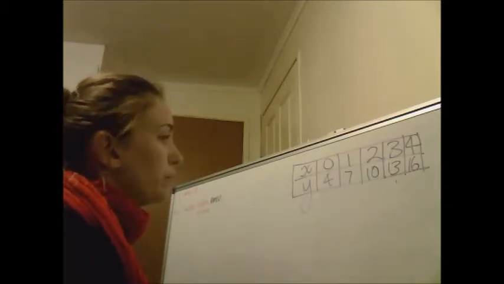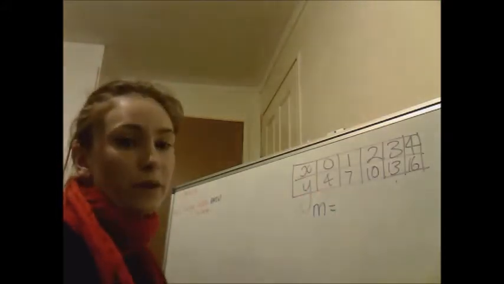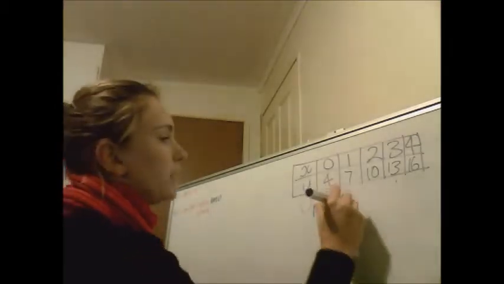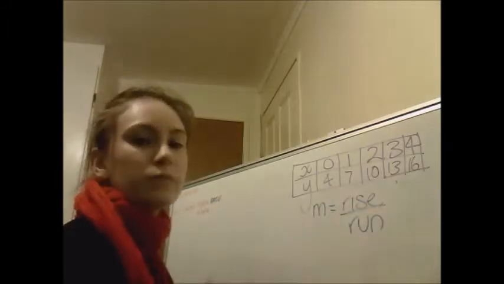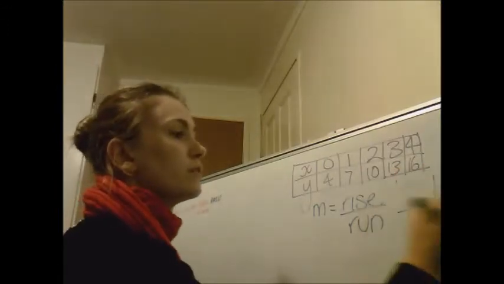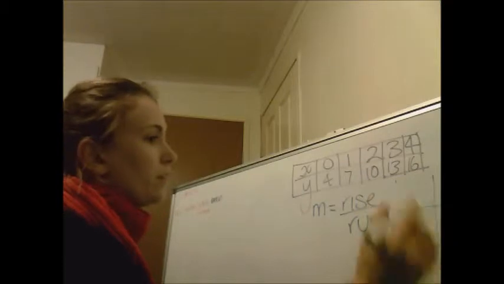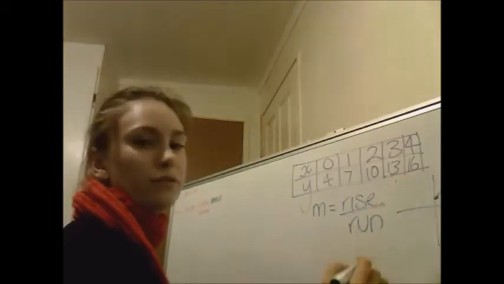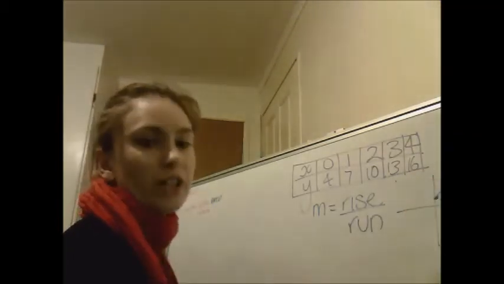So what is gradient? It's represented by the letter m. So how do we find gradient? Rise over run. What that means is, in a graph, if we've got 2 points on a graph, we're looking at the change in y over the change in x.